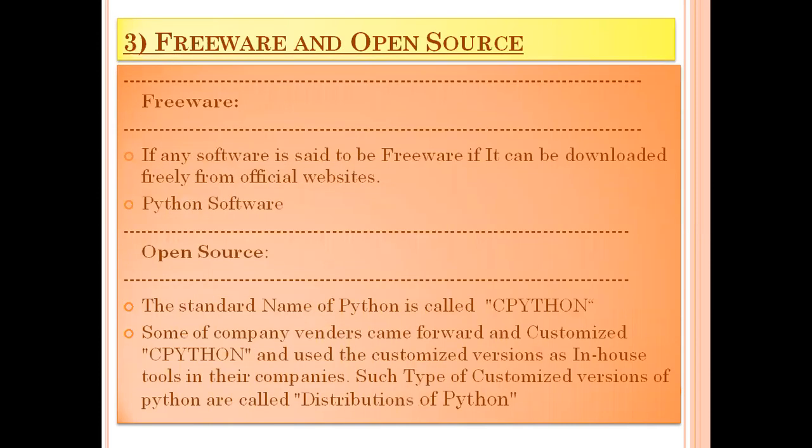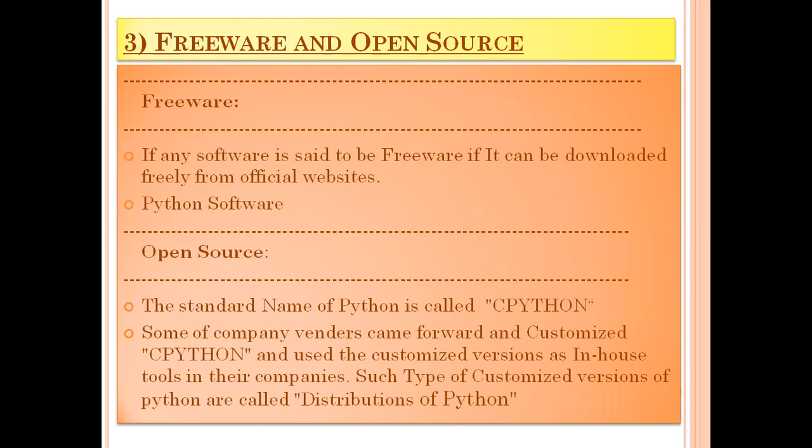Okay. Now, the third feature which we are going to talk about is freeware and open source. Now, what does freeware and open source mean? Software is said to be freeware if it can be downloaded freely from the official website, as we have the Python software.